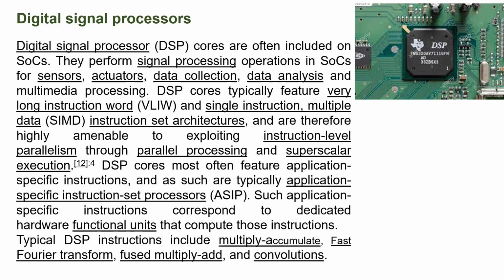So what you have to remember here for examination is that digital signal processor cores generally perform signal processing operations. Why are signal processing operations required? Because to convert the data from the sensor, to make appropriate data available for the actuator, huge data collection is required, data analysis is required, multimedia signal processing is required.